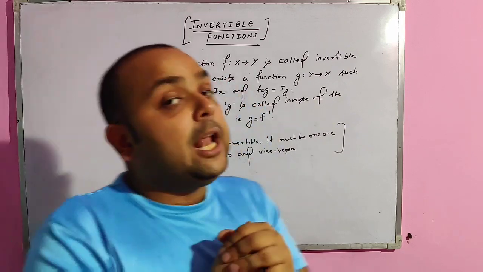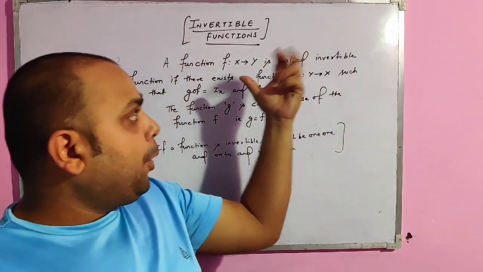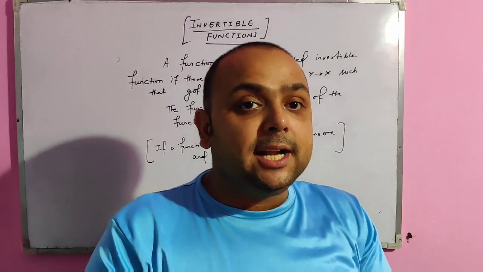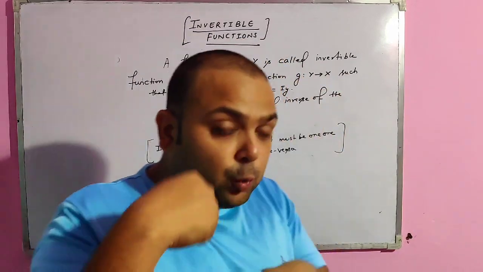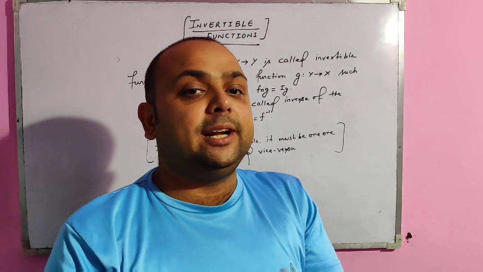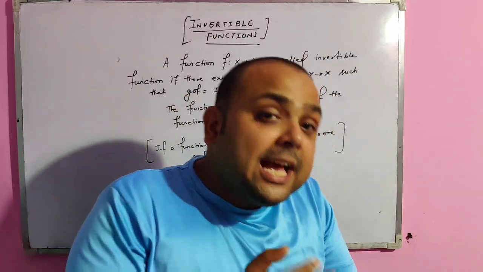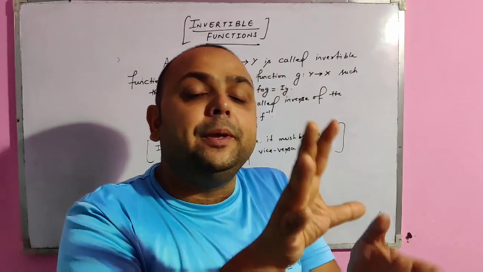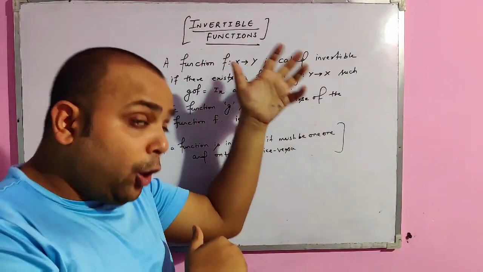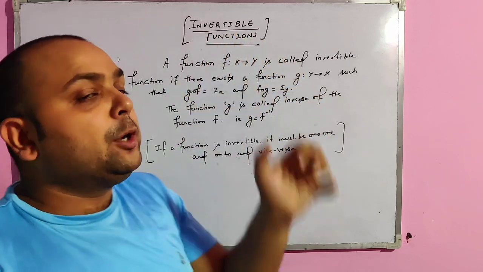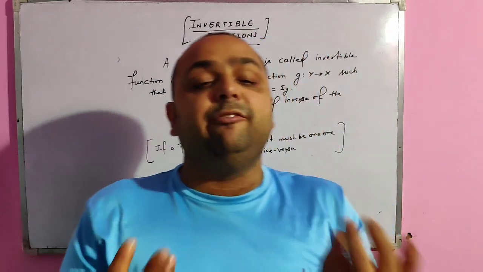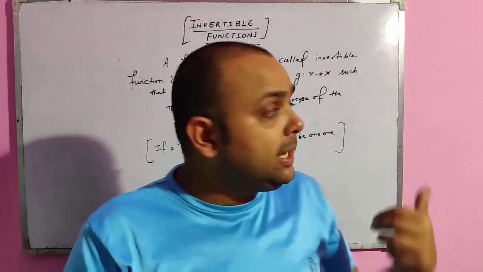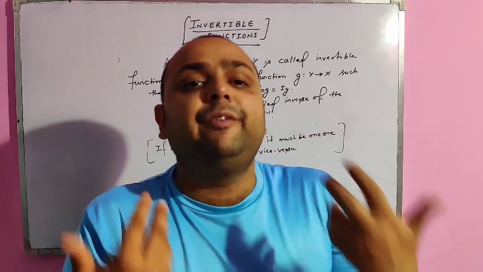We'll understand this with the help of an example also. The important condition regarding invertible functions is that if there is a function from X to Y, there must be another function from Y to X, and fog should be equal to y and gof should be equal to x. If all the conditions are satisfied, then that particular function is called invertible, and we can calculate the inverse using g equal to f inverse.